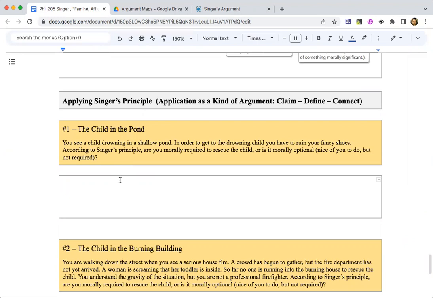Nice of you to do, but not required. Answer, claim. According to Singer's principle, you are morally required to rescue the child.